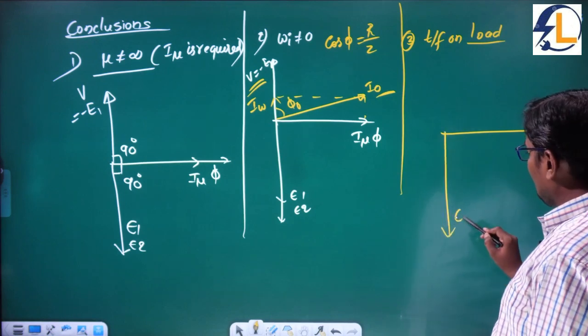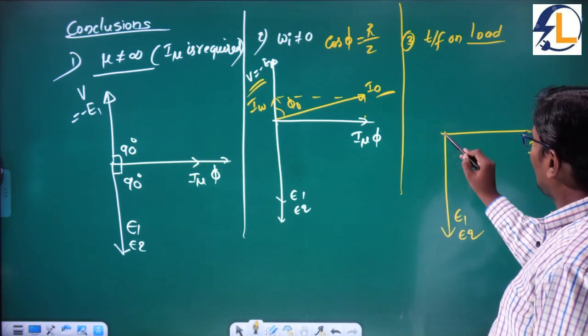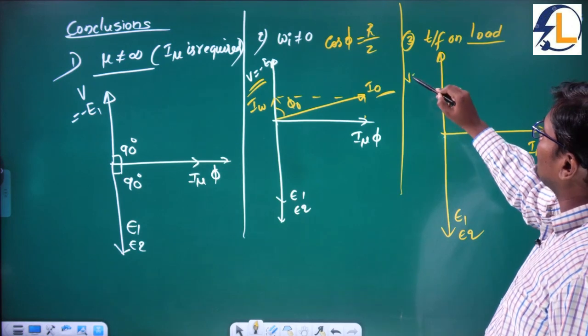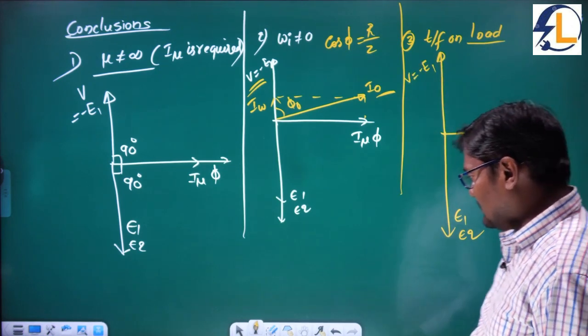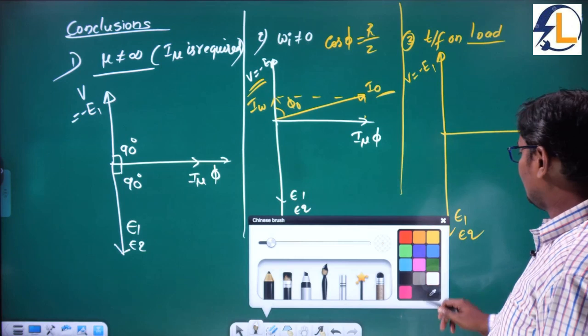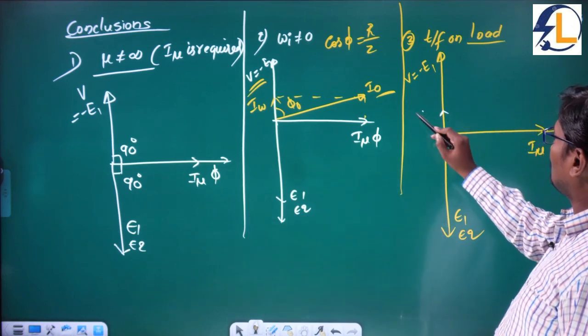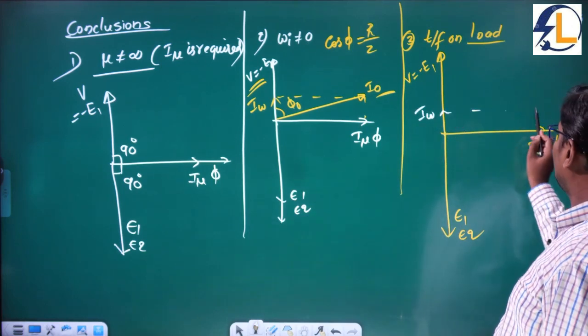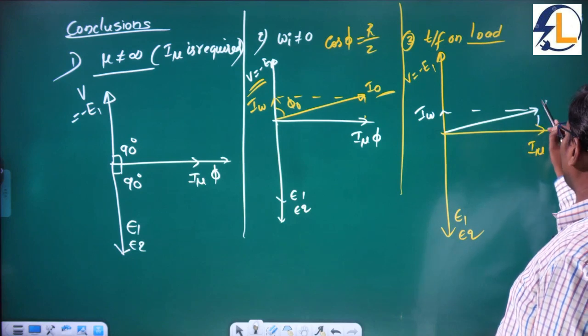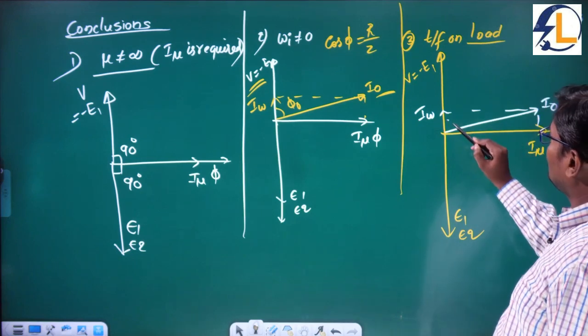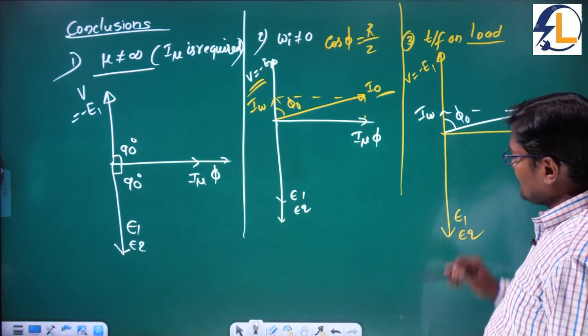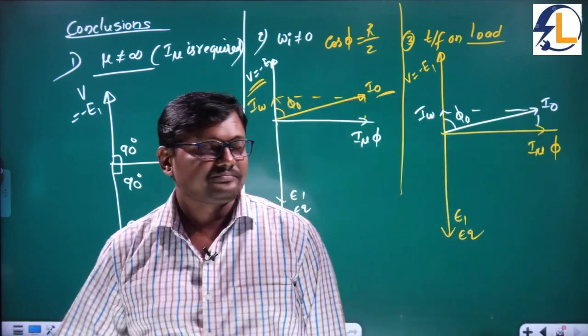And next one is E1 and E2 here. And this is our supply voltage where V is equal to minus E1. And this is the wattful component of the current. The resultant is I naught here. The angle between the supply voltage and no load current is phi naught.